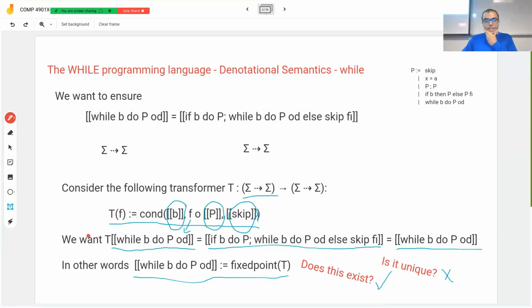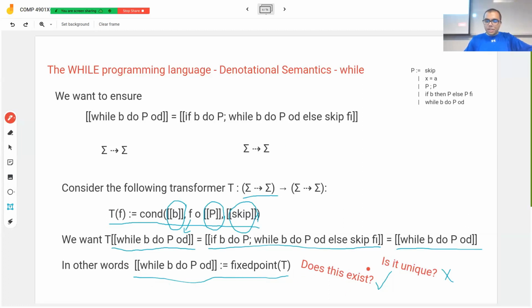So the good thing about this particular T is that I could really define it based on the semantics of the subprograms. I could define it based on the semantics of B and the semantics of P. So this transformer can be defined inductively. If I have the definition of the semantics of B and semantics of P, then T makes sense. And that's the whole reason why I want to use T. I now have T, and I want to take a fixed point of T and say that's the semantics of my while, so that I keep everything well defined.